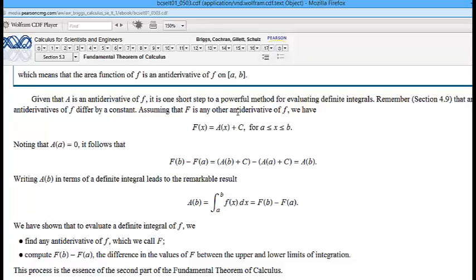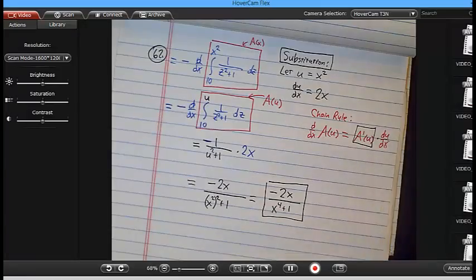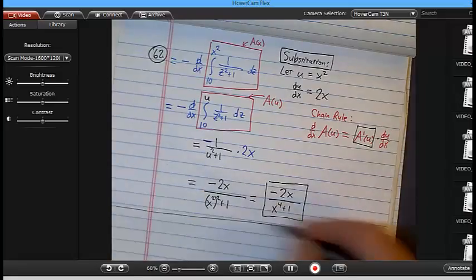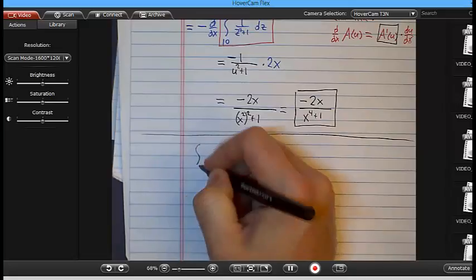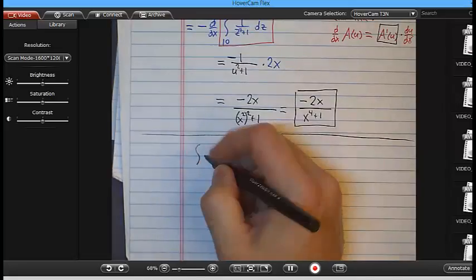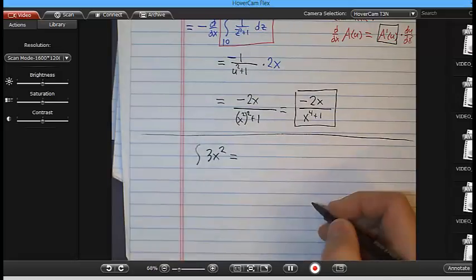Remember, any two antiderivatives of f differ by a constant. I have to say something about that. Remember the first antiderivative I think I gave you? Well, it was something like this. The antiderivative, this is like our favorite, of 3x squared. What do you get?